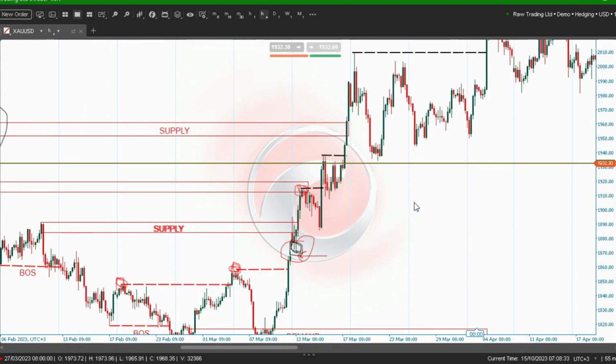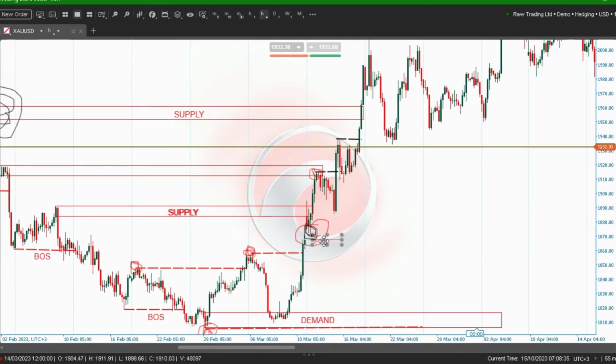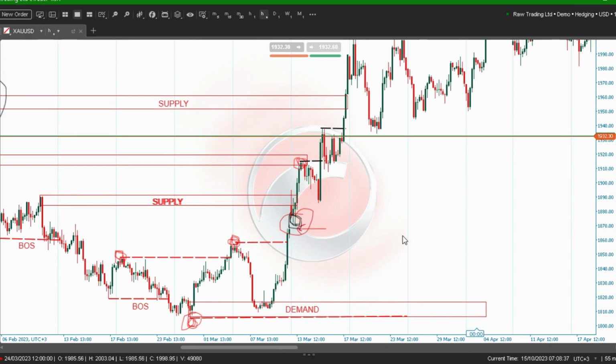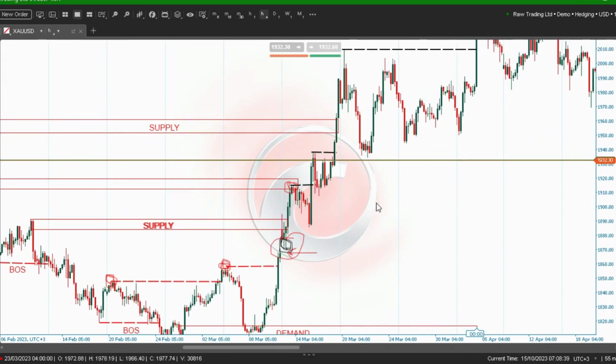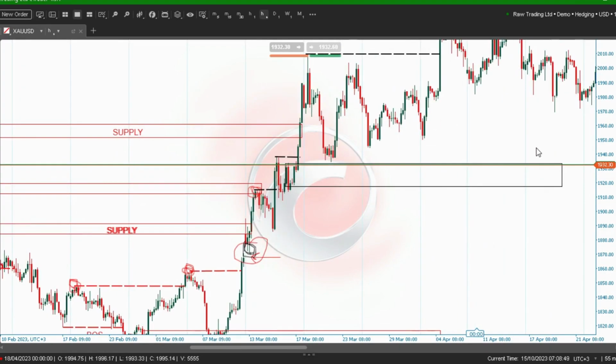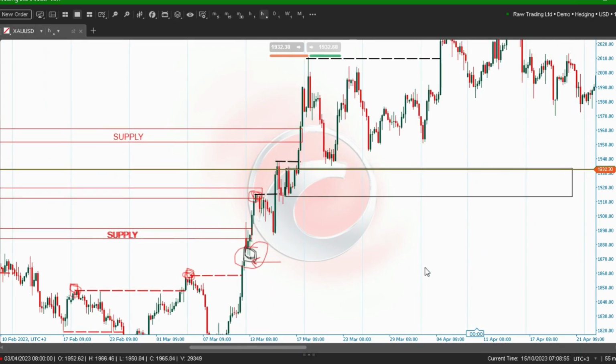And if there's an internal break of structure here, in every trend like this there are always several demand zones, and some of them are hidden demand zones. In this case, we always target areas like this one here. And if you look carefully somewhere in the future, you see the market reacting too much on this area here.